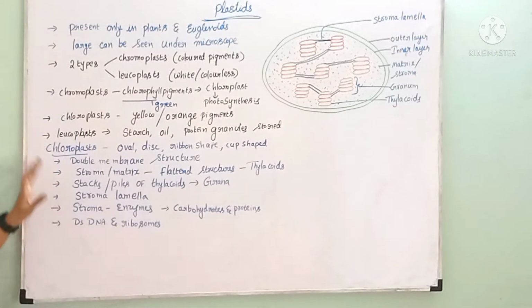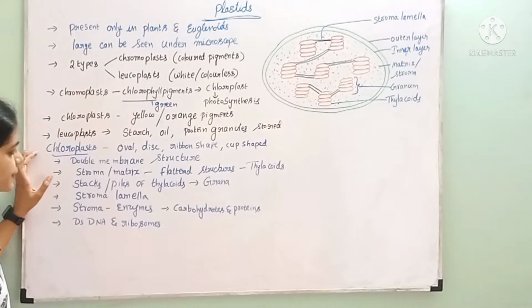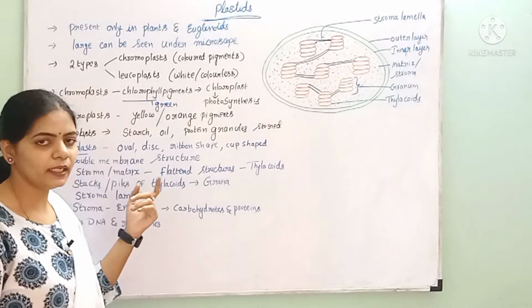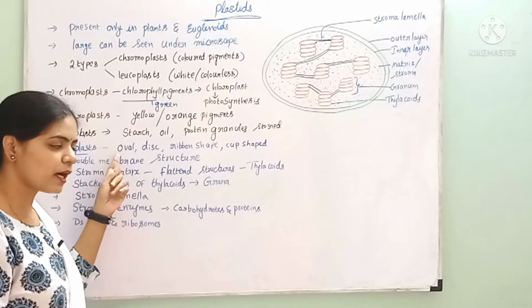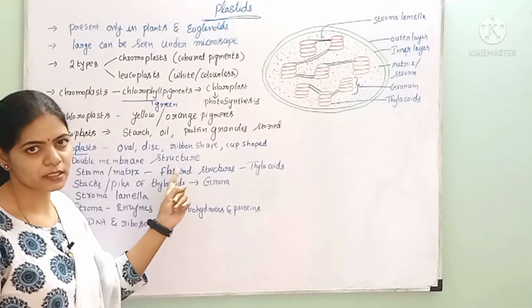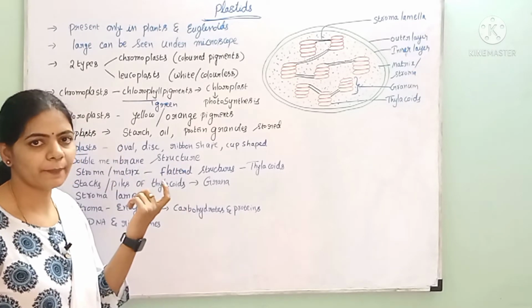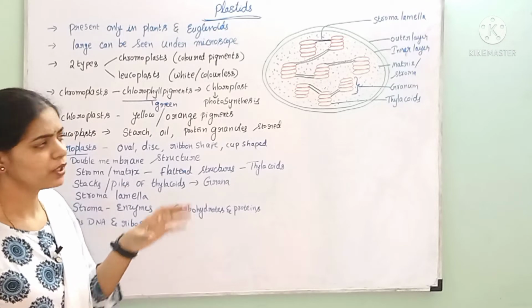If you see the structure of a chloroplast, its shape and structure may vary in different euglenas and in plants also. Some are oval shaped, some are disc shaped, some are cup shaped and some are ribbon shaped.